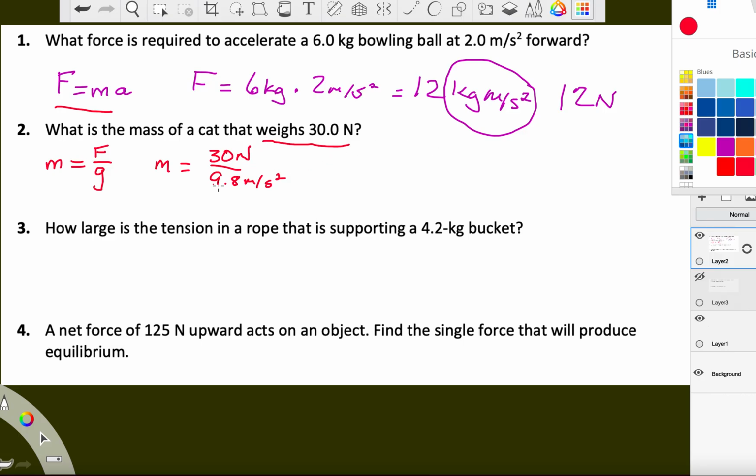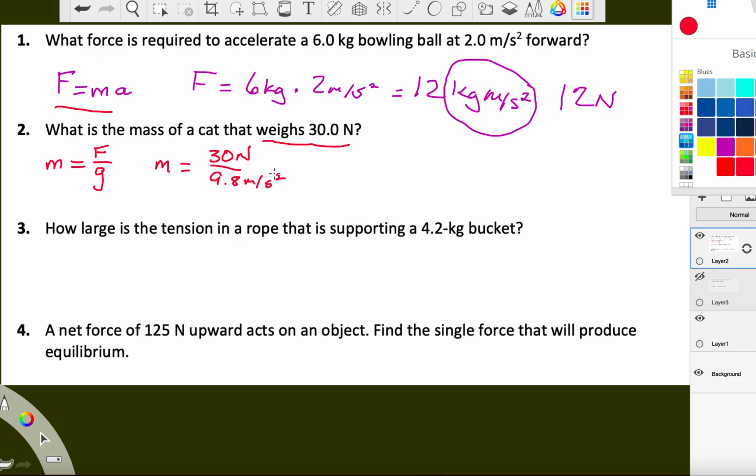And I'm not going to do the math for you because I don't have a calculator right next to me. Actually, I do. Give me 1 second while I pull one out. Here we go. And let's see, 30 divided by 9.8. Sorry, I said 10.